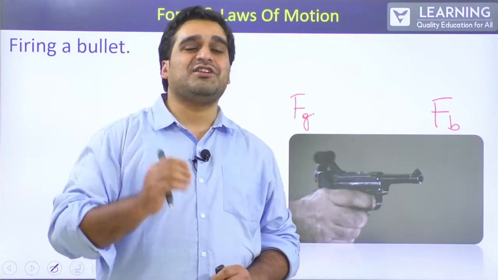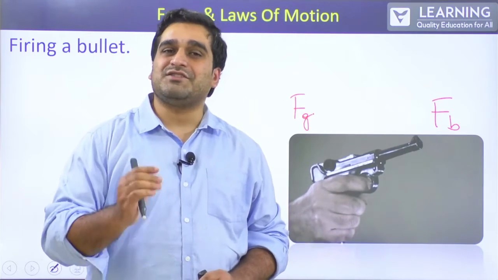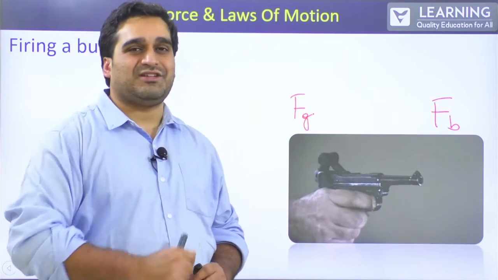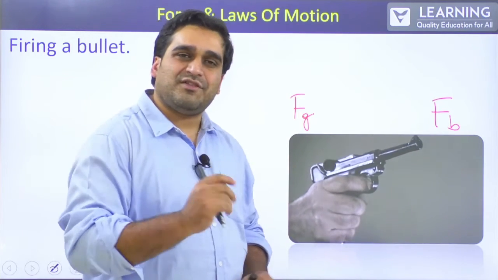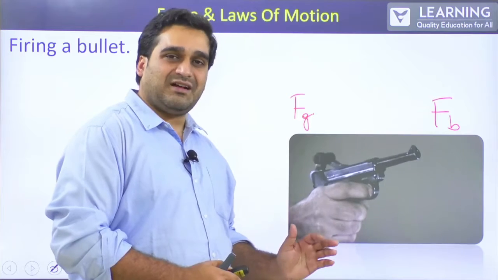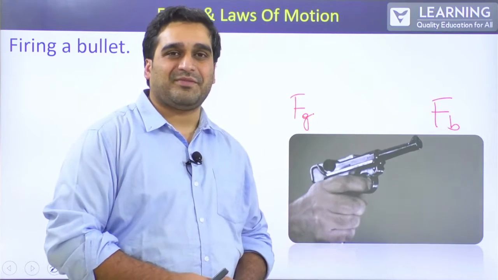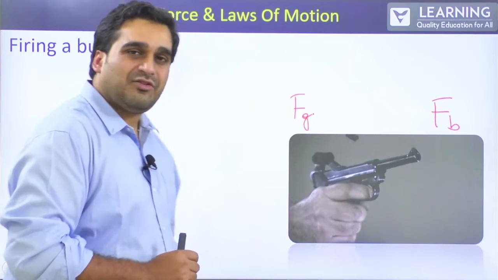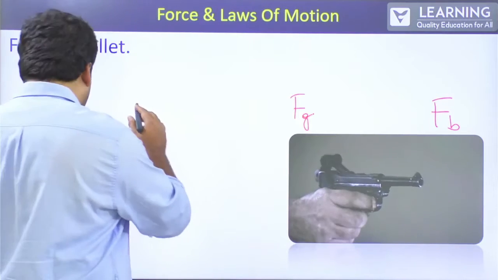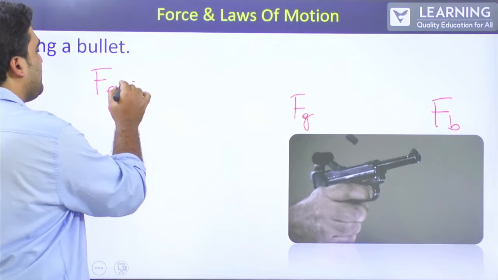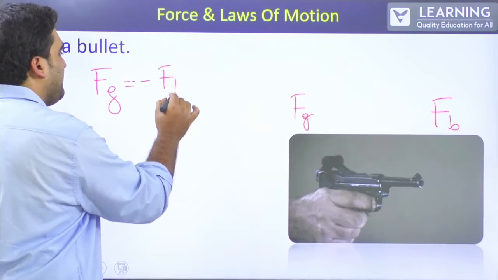And this action and reaction pair occurs for two different objects or two different bodies. So the two different bodies where action and reaction occur are the bullet and the gun. So let's make a quick note of it. By Newton's third law, Fg is equal to minus Fb.